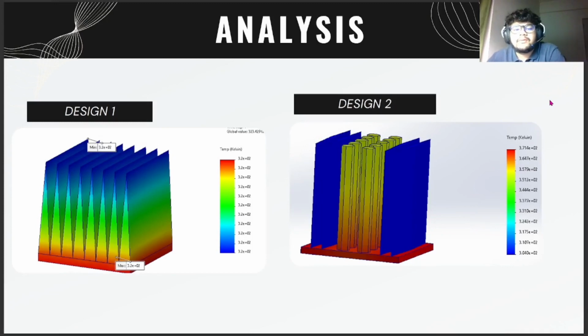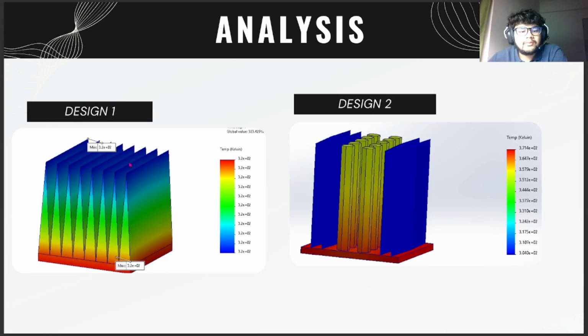So this is our analysis from both our designs. Basically we have two designs here. As you can see, design 1 has more fins than design 2, and design 1 dissipates heat uniformly from red to blue.